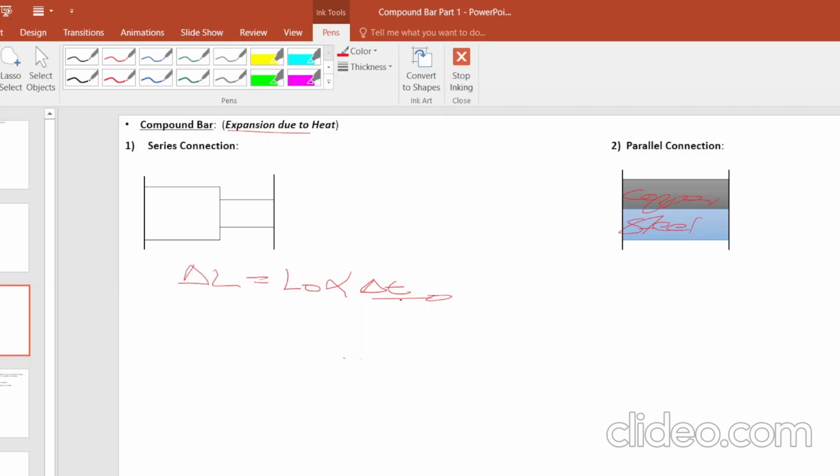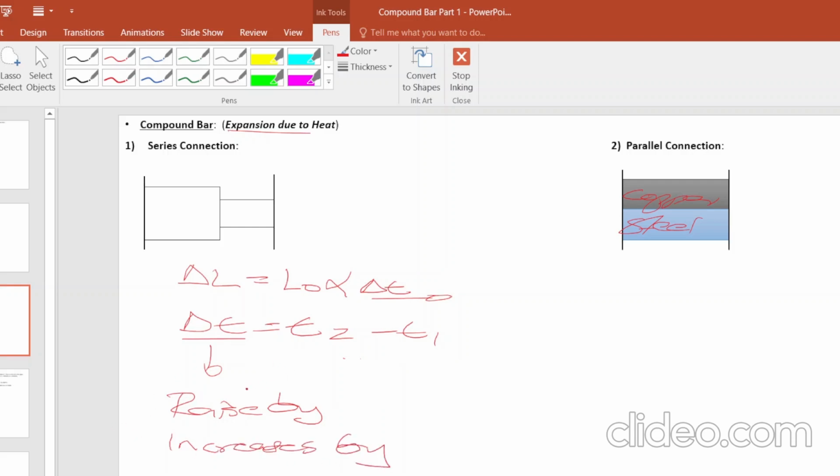Now, in calculating the change in temperature, it equals T2 minus T1. But when coming to this, be careful. If you are given words like "rises by" or "increases by", then you know that the given temperature is the change in temperature.